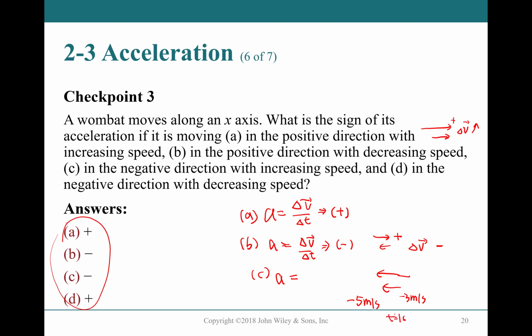This is an example of going in the negative direction with increasing speed, because the speed increases from 3 to 5. But when you do your calculation of your acceleration, you have to add the negative sign for your velocity. So we should do -5.